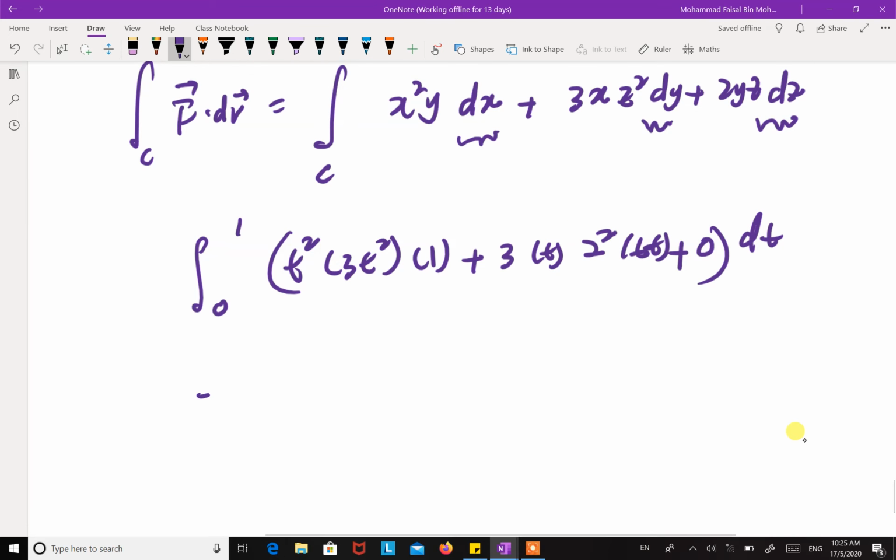So integrate this, I just leave it to you. You should get 1.235. So please check.